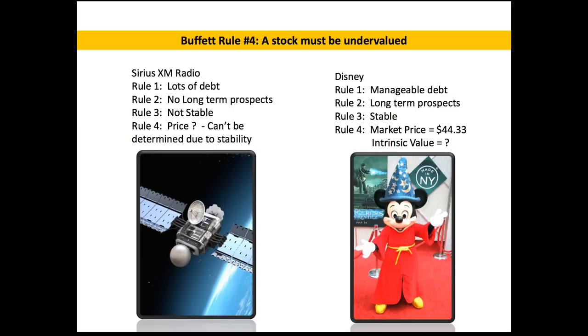But for Disney, we can do that. So let's take a look at rule number 4, calculating the intrinsic value for the Walt Disney Company. We know that the market price in the middle of May 2012 is $44.33. We've identified that Disney's a great company, but is it worth $44.33 per share? That's what we're going to figure out in this lesson.